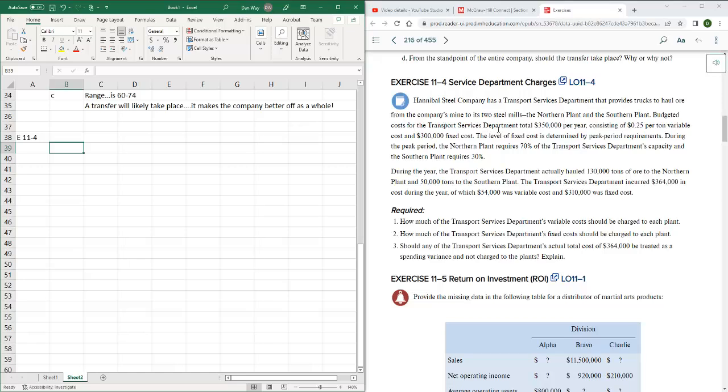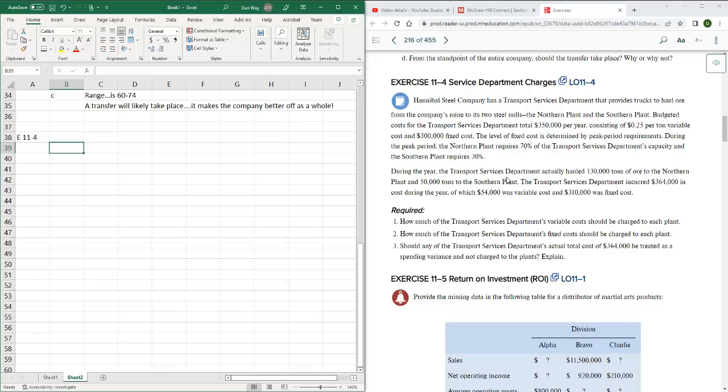Budgeted costs for transport services were $350,000 per year, consisting of 25 cents per ton in variable costs and $300,000 in fixed. The level of fixed costs is determined by peak period requirements. During that peak period, northern plant requires 70% of their capacity, and the southern plant requires 30%.